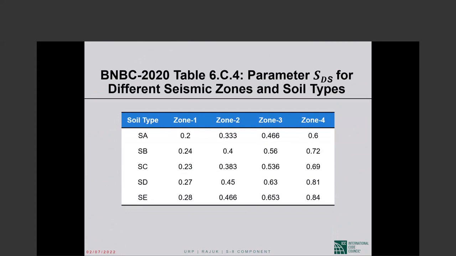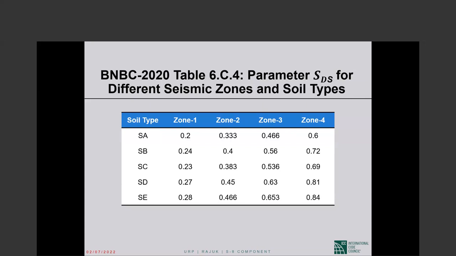So the S sub DS and S sub D1, which are derived quantities in AC7, are given directly in BNBC: S sub DS in table 6.C.4, S sub D1 in table 6.C.5. So the quantities you need to define your design spectrum are given to you in that appendix.